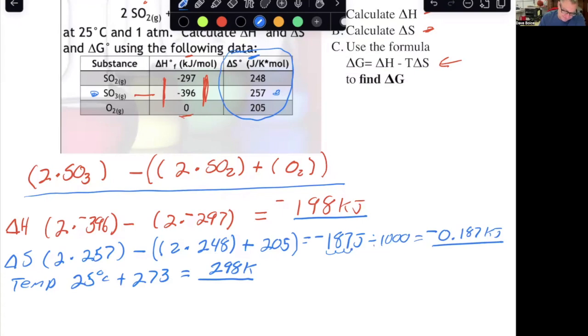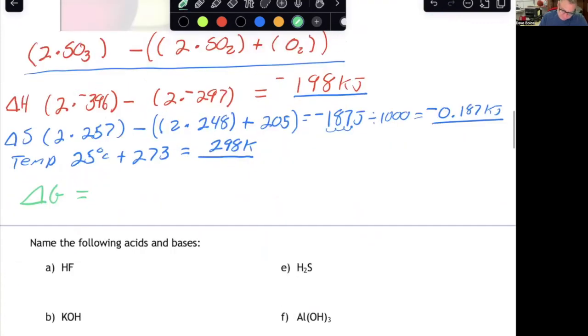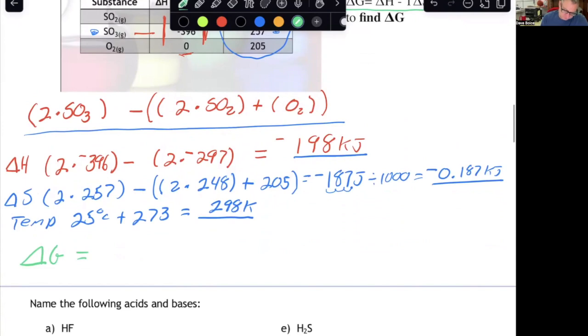So now I have all of the building blocks I need. Let's go on ahead and solve this problem. So that is going to be delta G equals delta H minus T delta S. So delta G equals delta H, which is right here, negative 198.